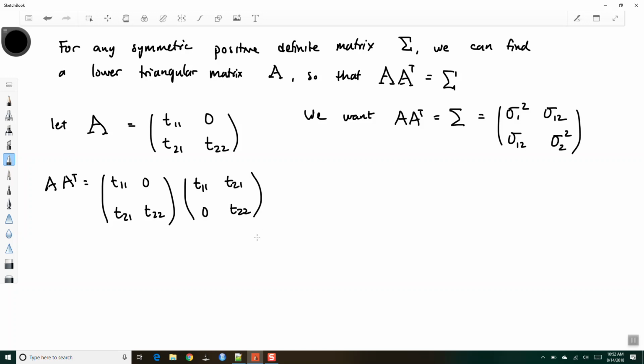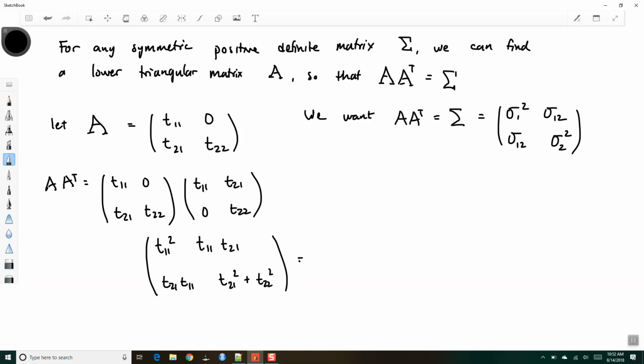Okay, and so if we do this, we will get T11 squared, T11 T21, T21 T11, and T21 squared plus T22 squared.